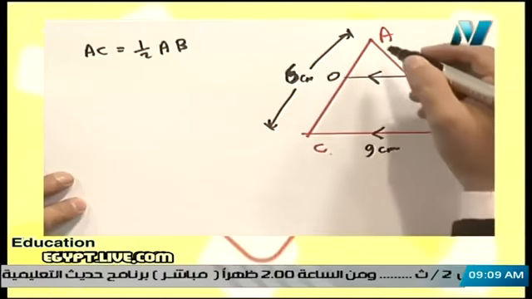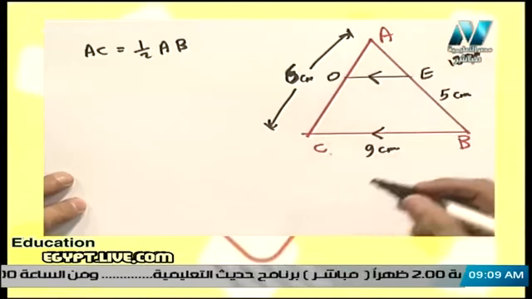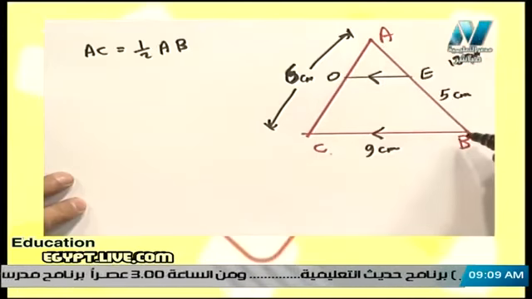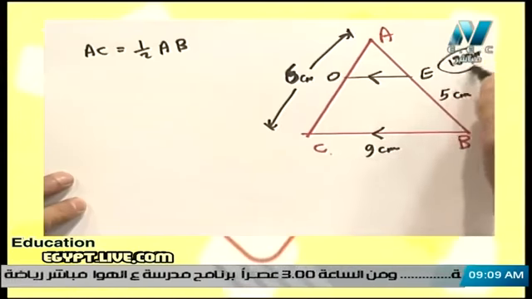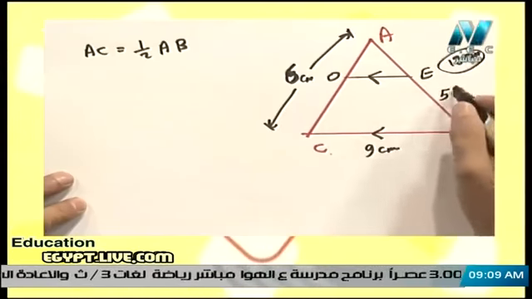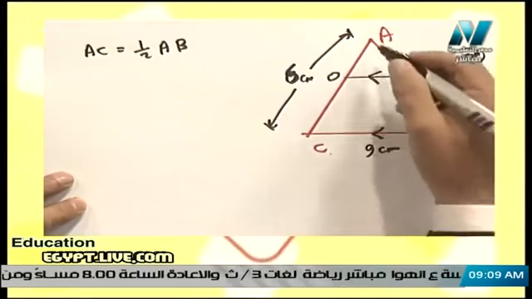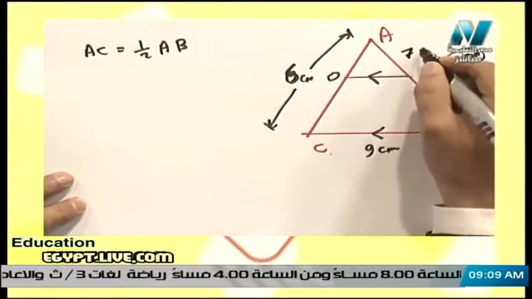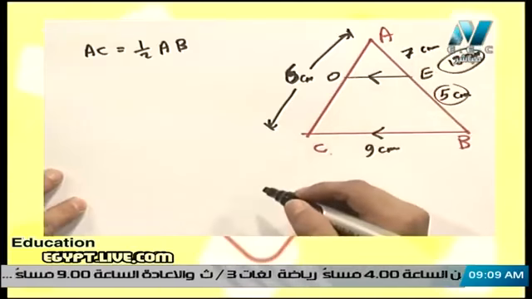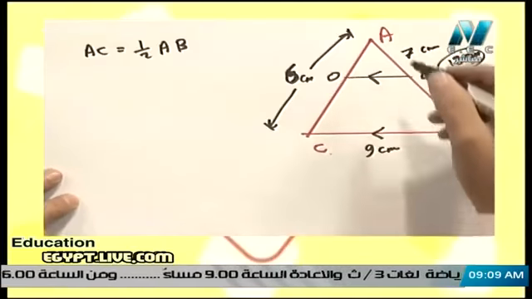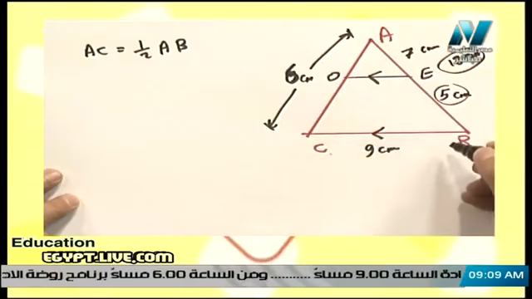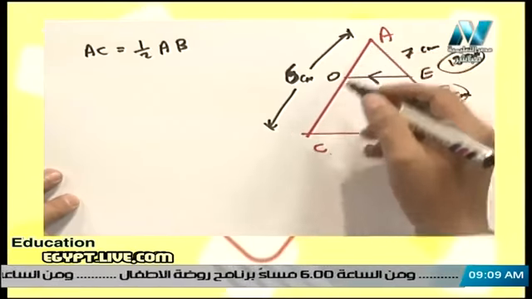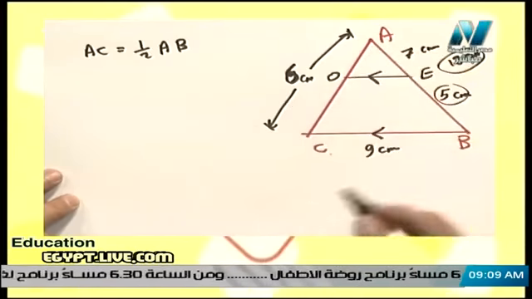Okay, what's the length of AE then? We have the total length of AB equal 12 and EB equal 5. To find AE, we subtract 12 minus 5 equals 7 centimeters. So AE equals 7, EB equals 5, AC equals 6, and CB equals 9.